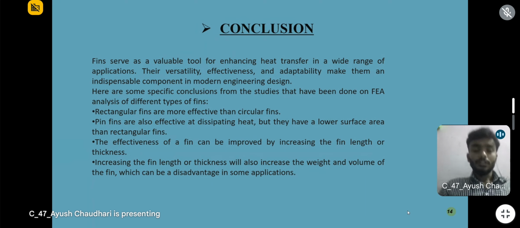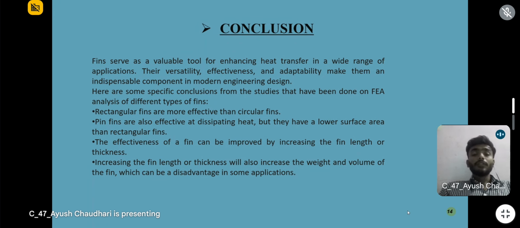So what we learned from this topic is, first, that rectangular fins are more effective than circular fins. The second was that thin fins are also effective at dissipating heat, but they have a lower surface area than rectangular fins. So rectangular fins have the upper hand over thin fins.